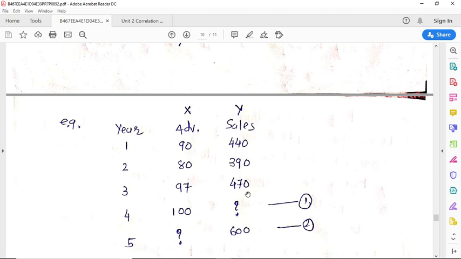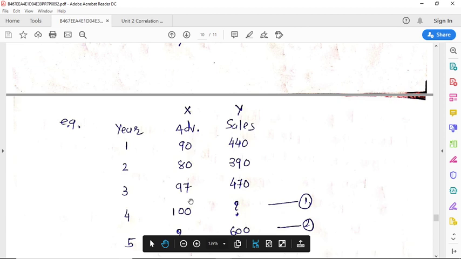So now if the company spends 100 lakhs on its product, then what will be the prediction of the sale? Clear? What will be the prediction of the sale here? So we can predict that by using regression.